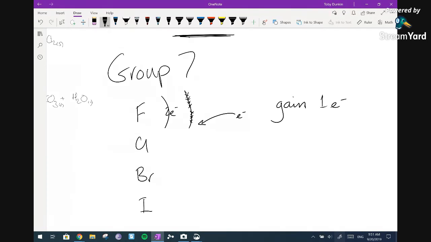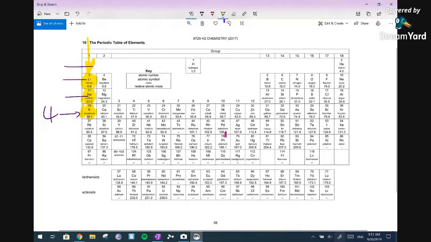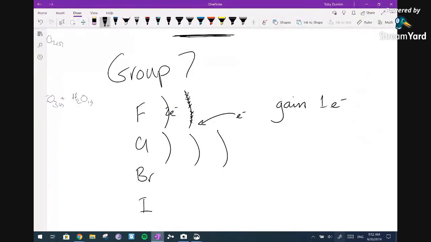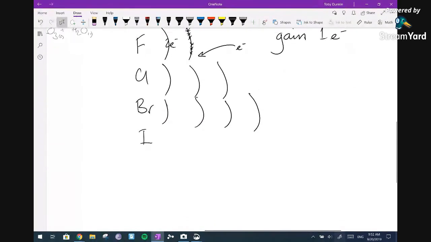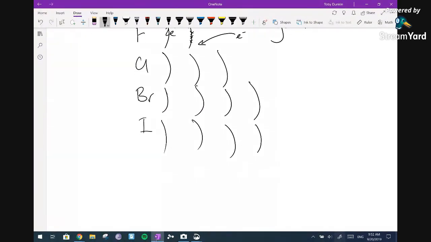Let's look at chlorine. 3 shells. How do I know it's got 3 shells? Because it's in row 3. There's chlorine. Let's look at bromine. 4 shells. Iodine, 1, 2, 3, 4, 5 shells.